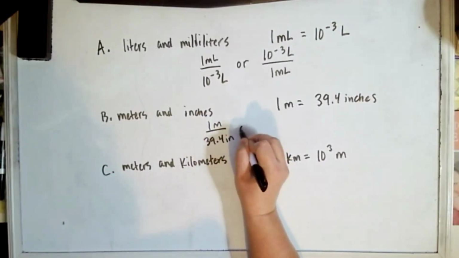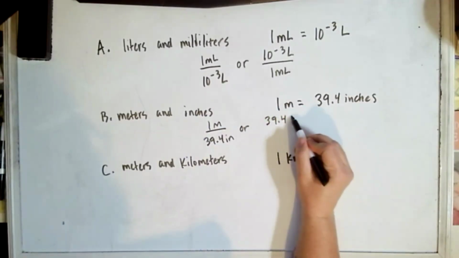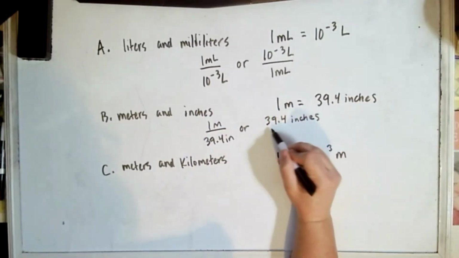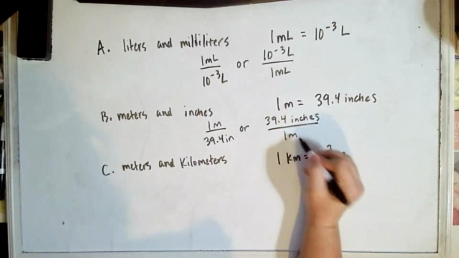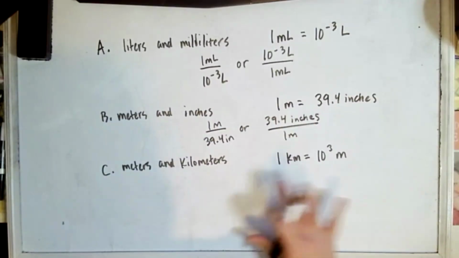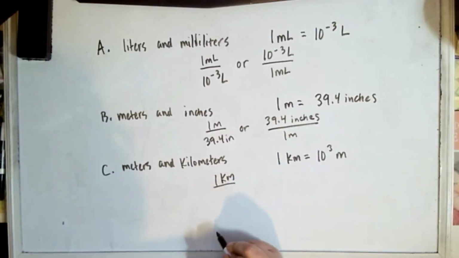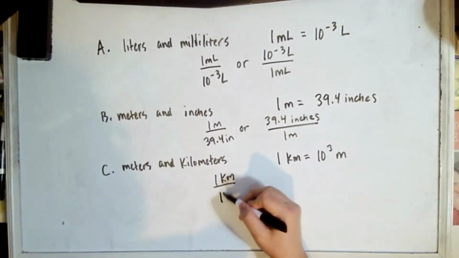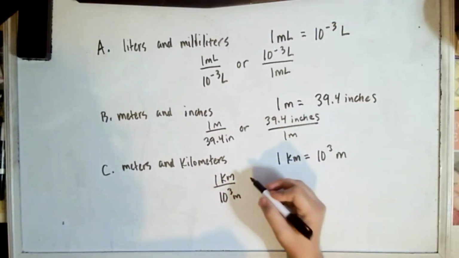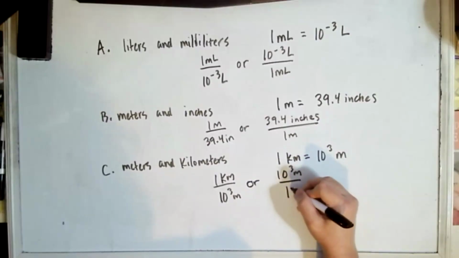And in my second version, I'll have inches on the top and meters on the bottom. And then in my last one, 1 kilometer up top, 10 to the third meters on the bottom, or my meters up top and my kilometers on the bottom.